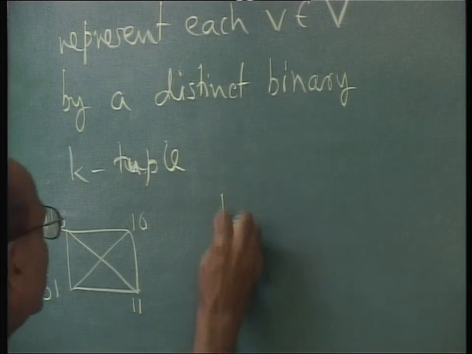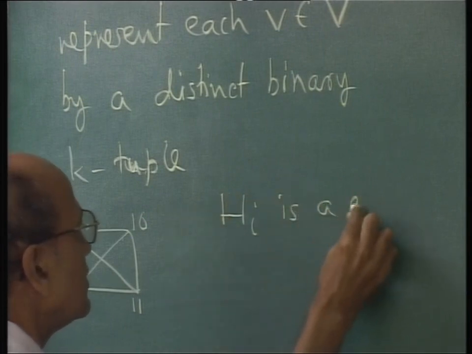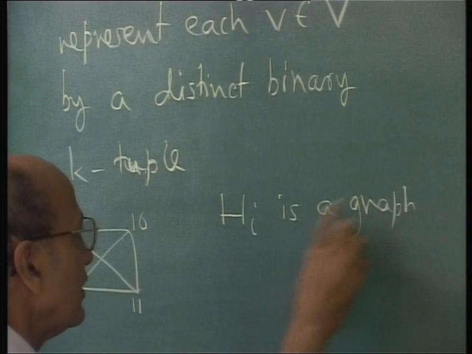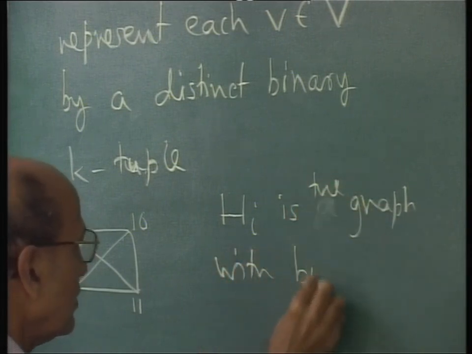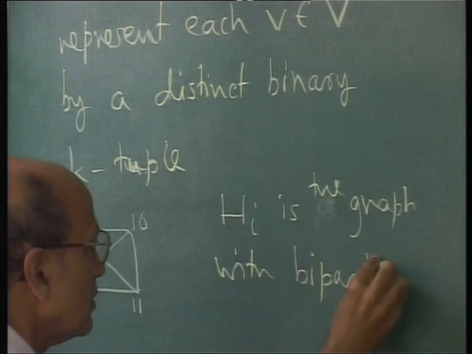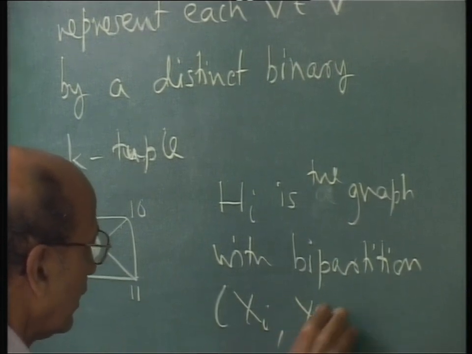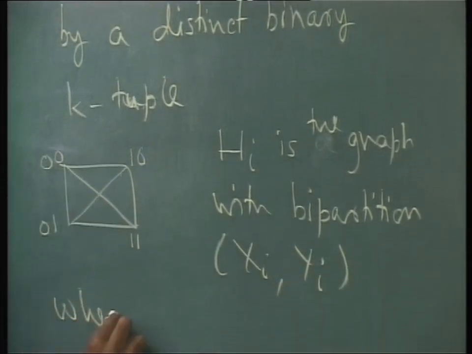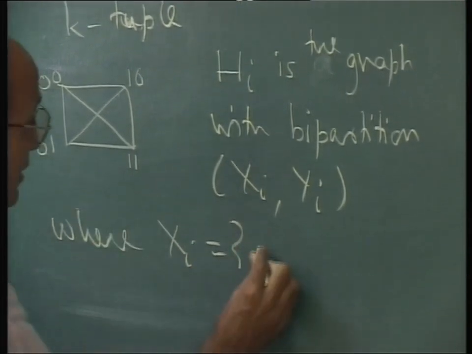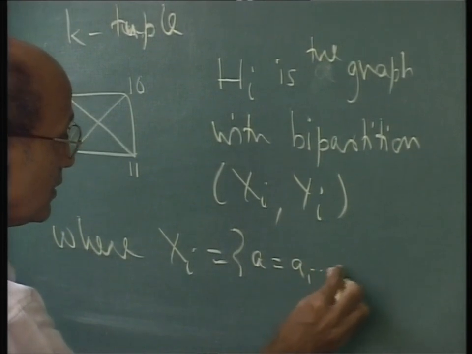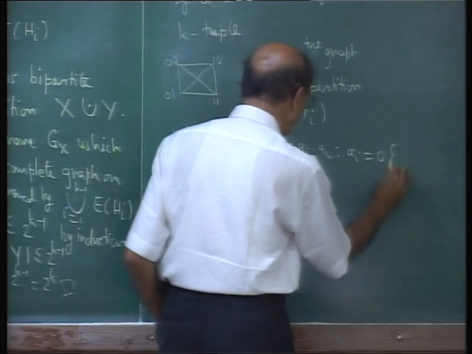Hi is the graph with bipartition xi, yi, where xi consists of all those with ai equal to 0.